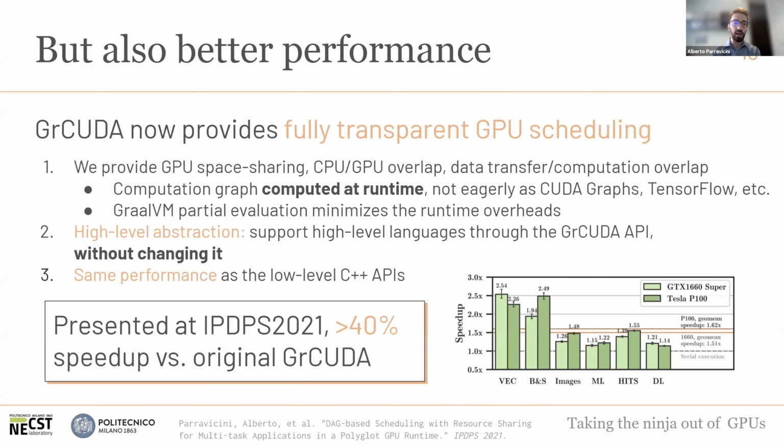And now we actually provide even better performance because we now offer transparent optimizations for the GPU scheduling. The idea is that we are able to overlap, for example, GPU computations on different data, CPU and GPU computations, and also data transfer with computations.